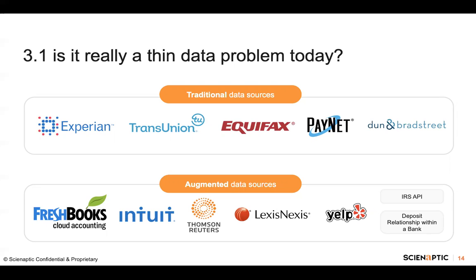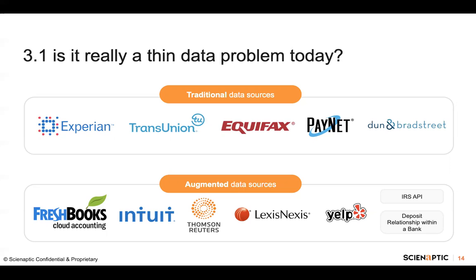Equifax, for example, has direct links with it. They get the information on the tax history as well as the income and revenue in real time in making these decisions. So that is a very powerful source.